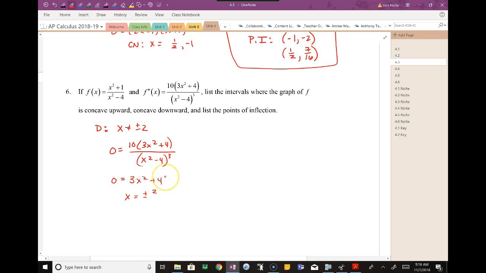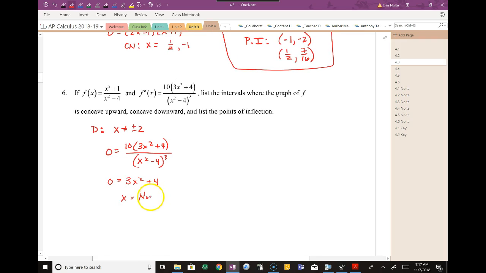Wait, that's what I was just looking at. Your first step is that you subtract 4, and then you divide by 3 and take the square root of a negative. So right here, you end up with no critical values because the value from solving this is imaginary. None.